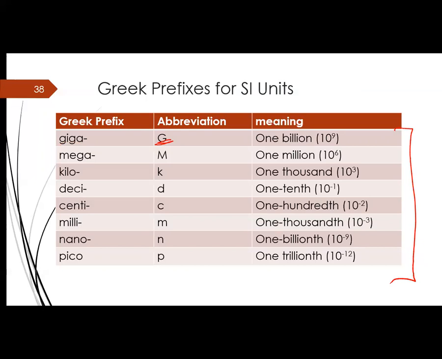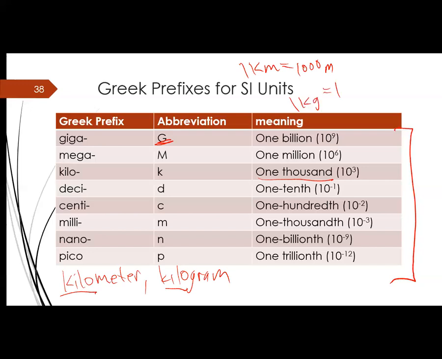So we might have heard of a kilometer or a kilogram. Both of those are the same prefix modifying something that came before them. So the base unit is a meter, and now we're doing kilo. Kilo stands for 1,000. So 1 kilometer is 1,000 meters, in the same way that 1 kilogram is 1,000 grams.